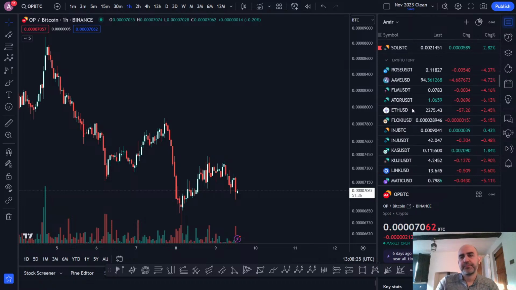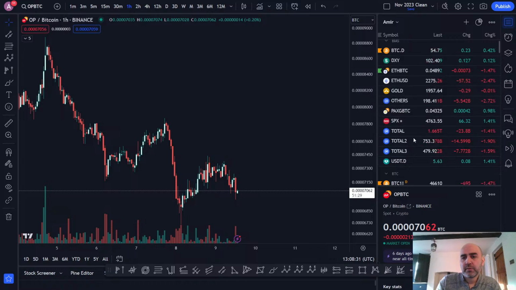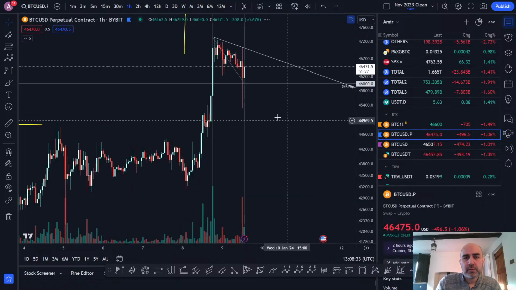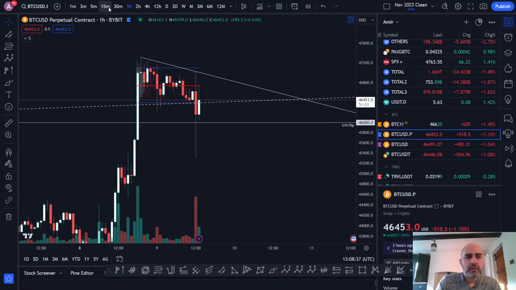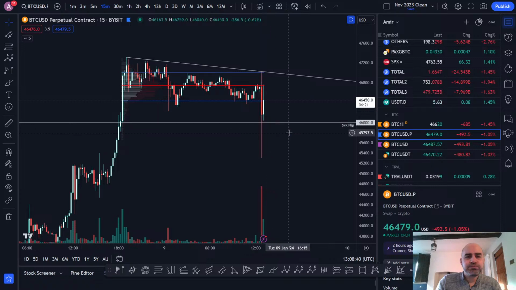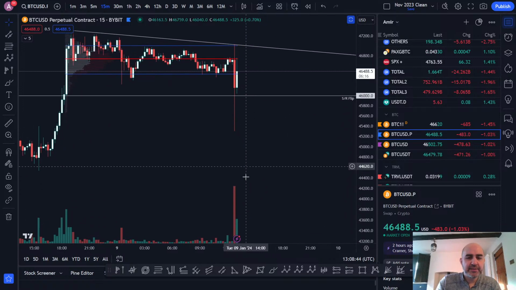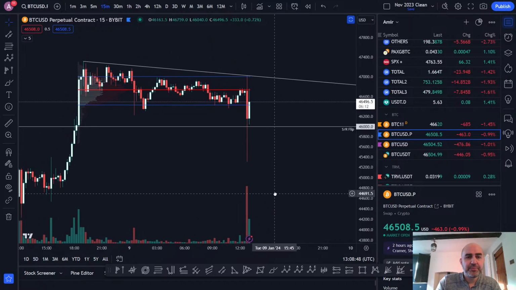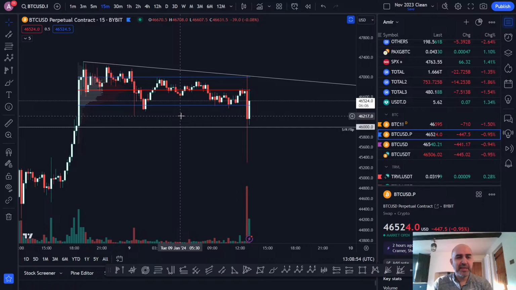Optimism. There's quite a lot of volume on this green candle. Oh look, red candle high volume, green candle pretty good volume. So yeah, I mean it's shook out a few people.